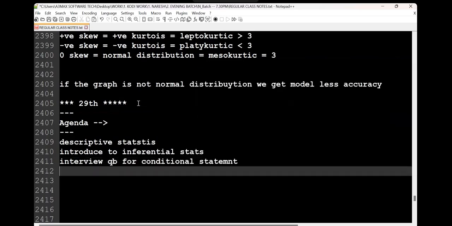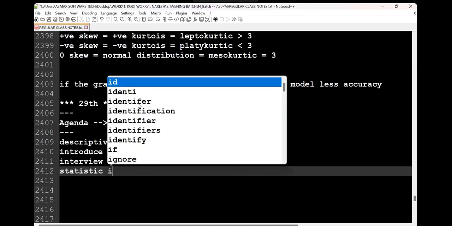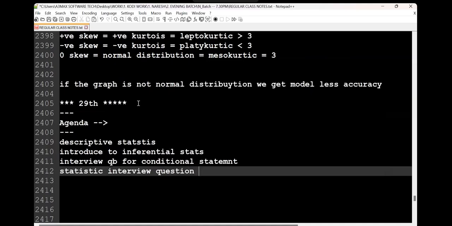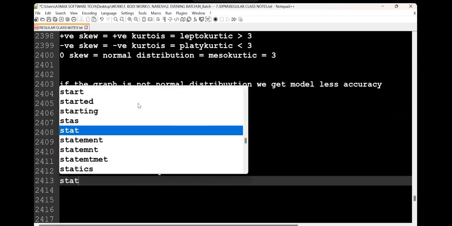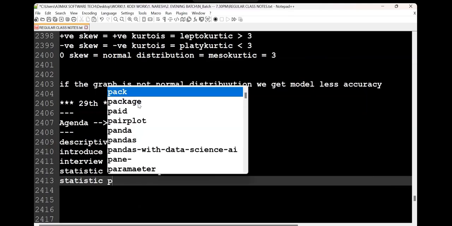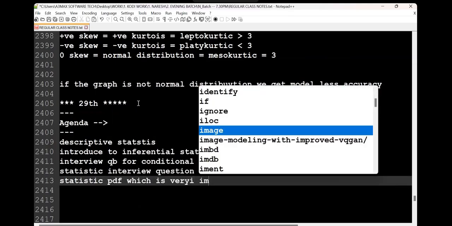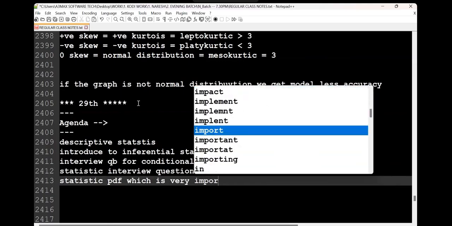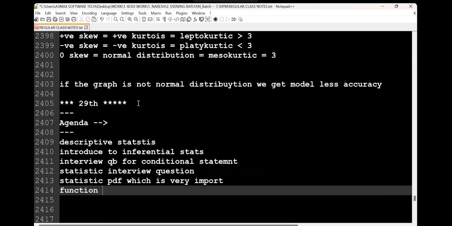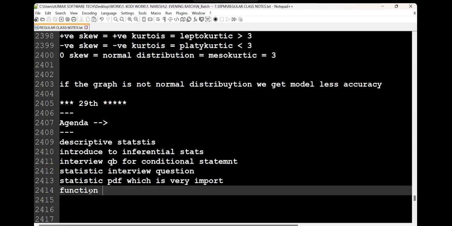After that, I will give you statistics interview questions and a statistics PDF, which is very important. Then I'll introduce functions, for loop, and while loop.